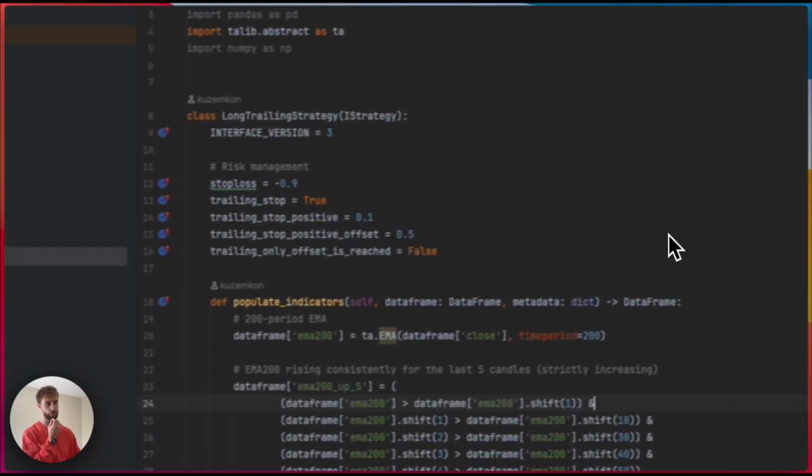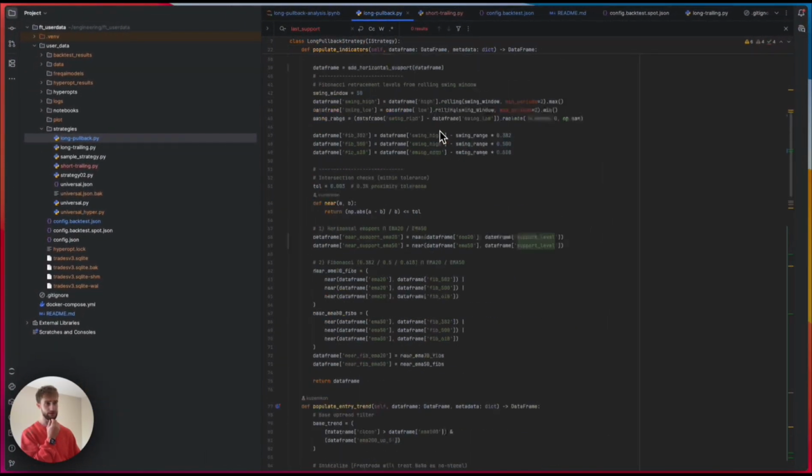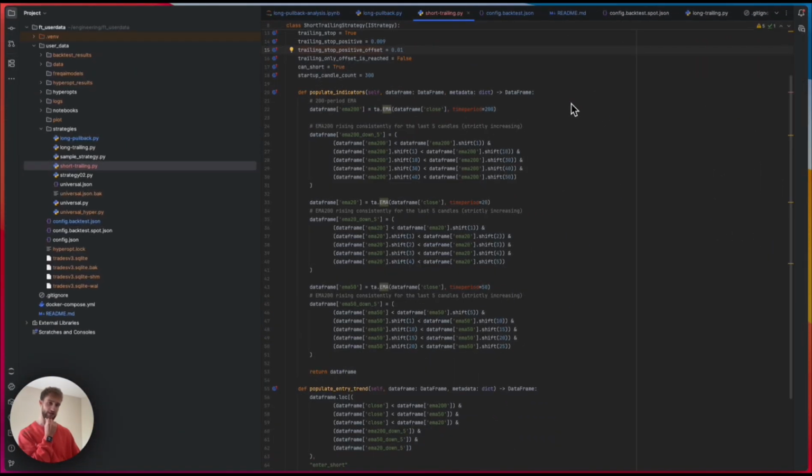Long trailing is good, I would use it. I would also use long pullback. These are good strategies I will use for longs, but for short I have not found anything yet that could be profitable. I think for the short we might consider some alternative indicators to find better entry options.